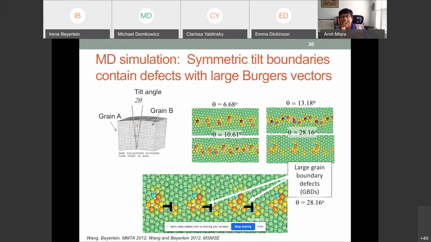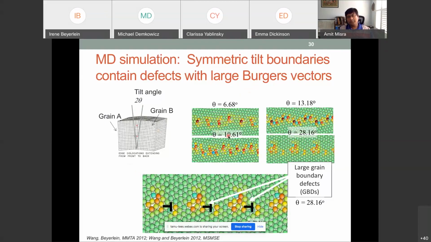Of course it's good to test this at the atomic scale. Thanks to molecular dynamics simulation, we have the possibility to see if something like this could work. In this particular work, we took different types of grain boundaries called symmetric tilt boundaries. Depending on the amount of tilt across the boundary, they can have a certain spacing of defects and certain Burgers vectors of those defects.